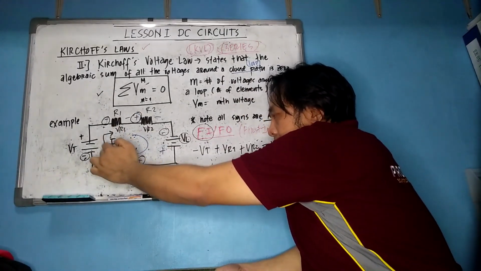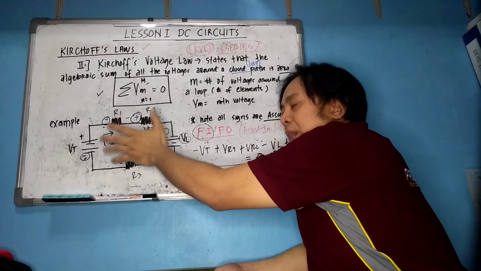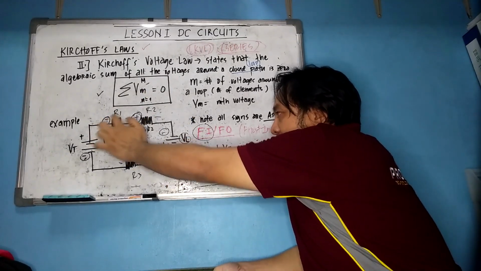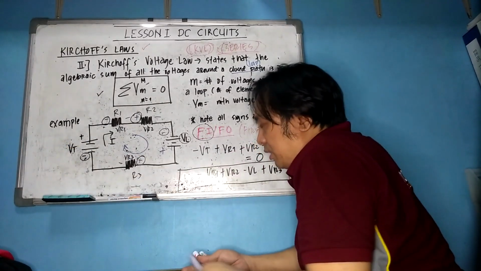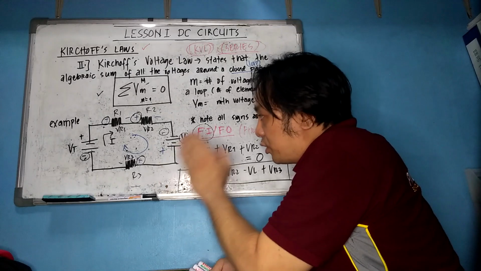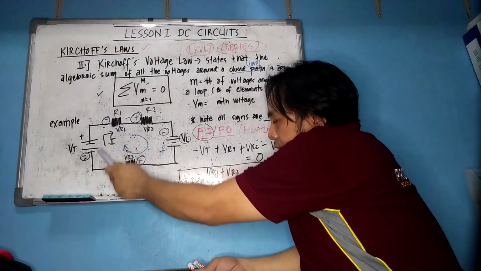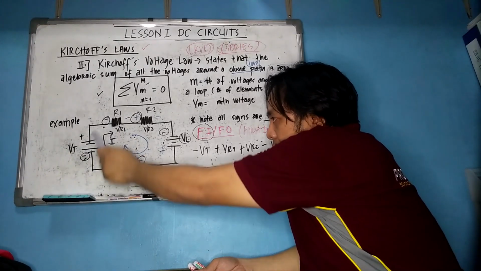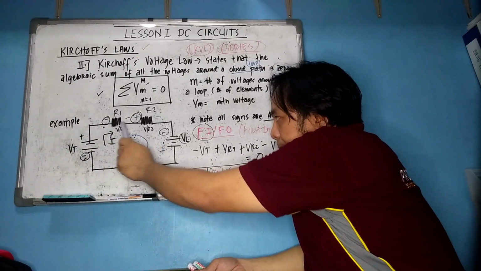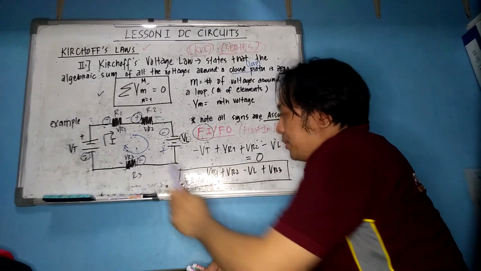So if the current goes here, in a certain resistance, it will have a drop, and the drop convention is plus minus. This is voltage rise for the battery because that is minus plus. So the current is very obvious from minus to plus. That is voltage rise, and voltage drop on the conductor elements.